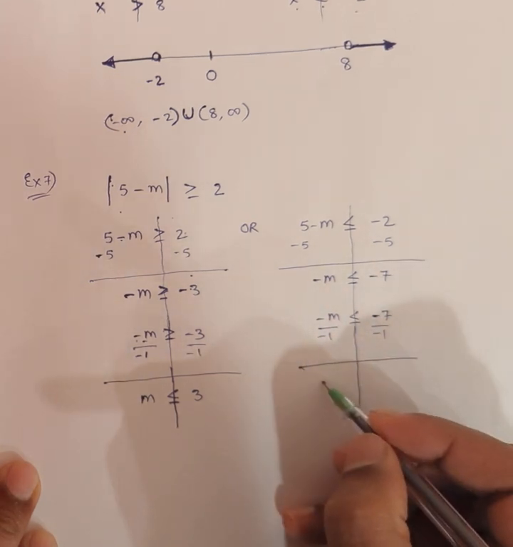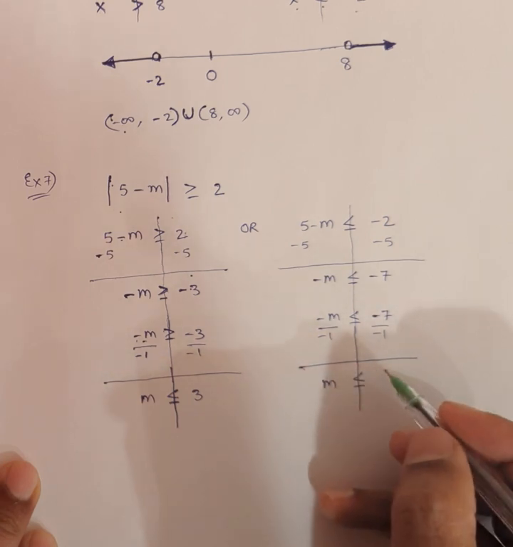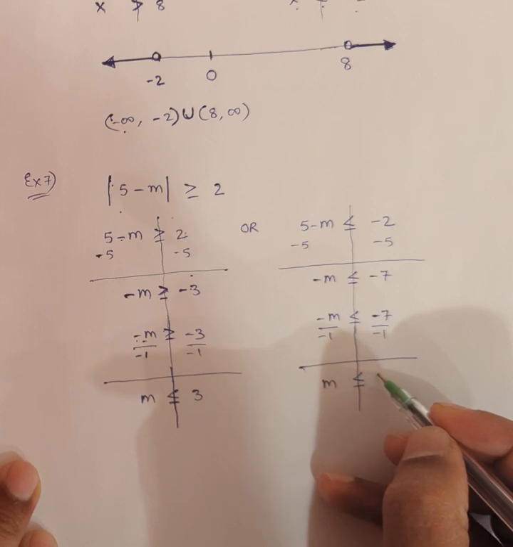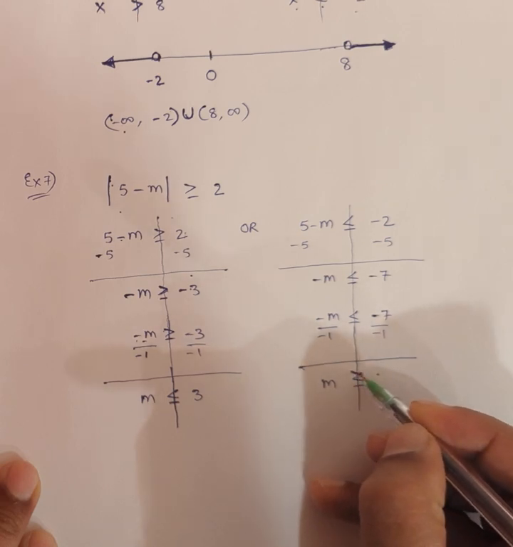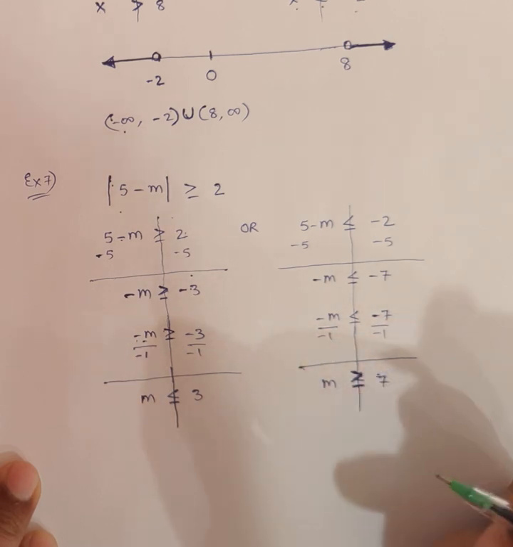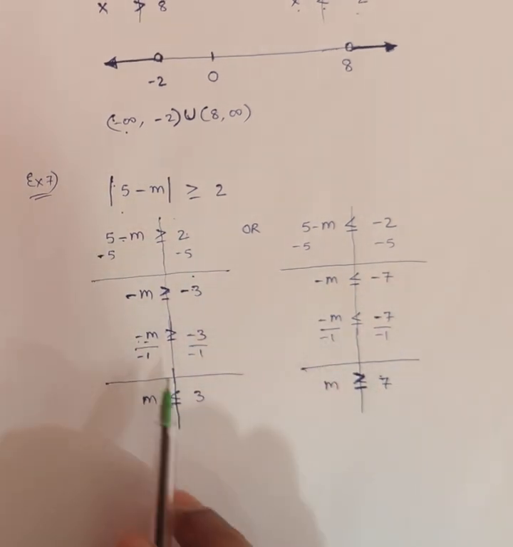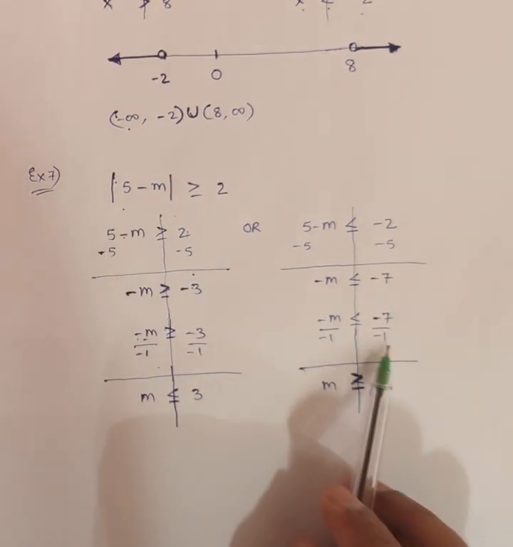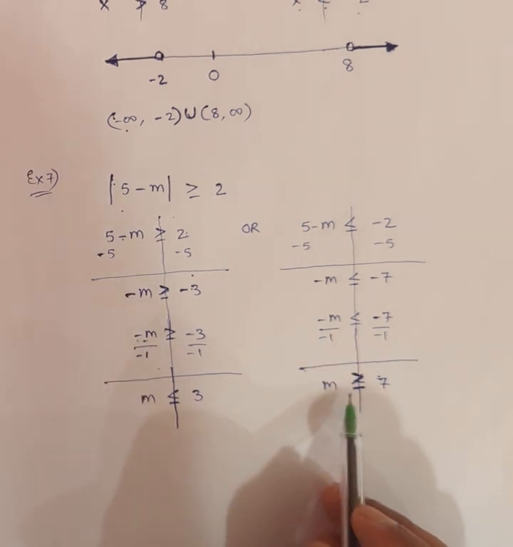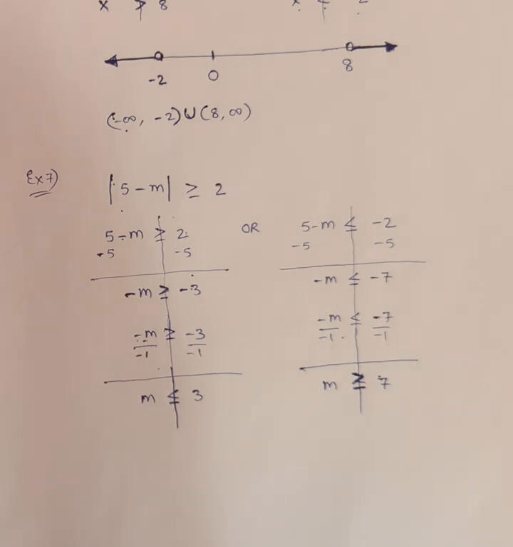And so this time I have m less than or equal to positive... oh, sorry. The inequality flips this time. So m is greater than or equal to 7. Now, just like here, when you divide both sides of an inequality by a negative number, the inequality flips. Less than or equal to becomes greater than or equal to.